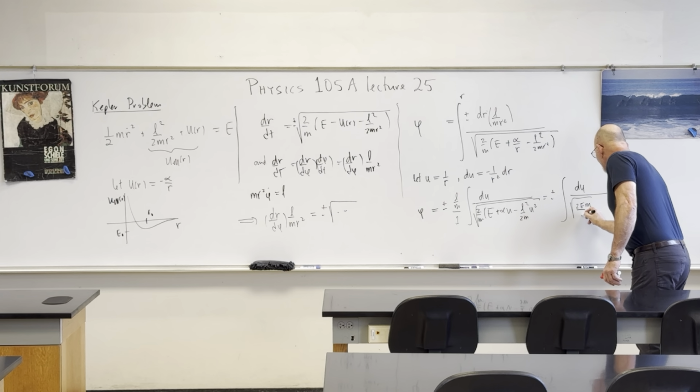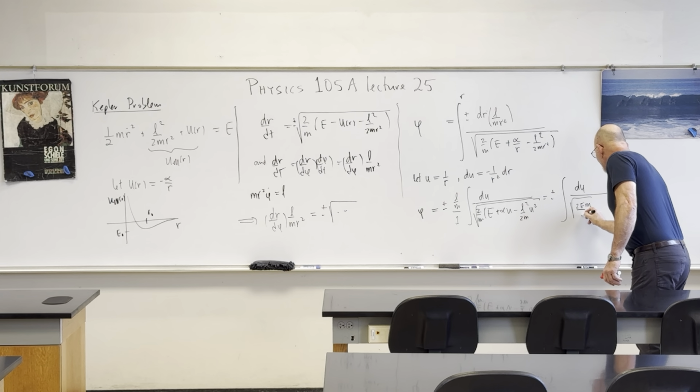And let's see what we get. So we've got b plus or minus eu, and I've got the 2em over L squared. And I'm gonna leave a little bit of room here.